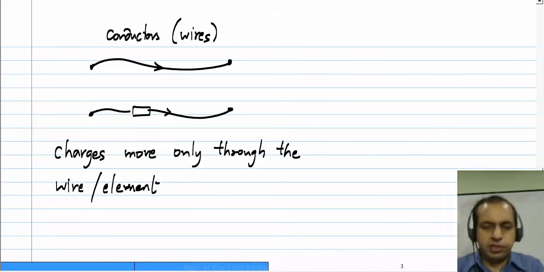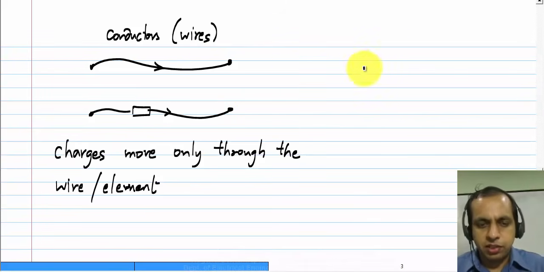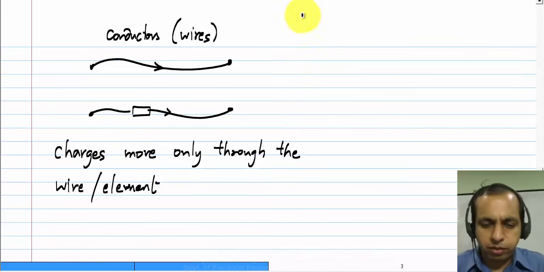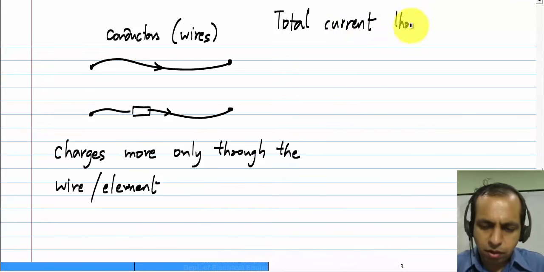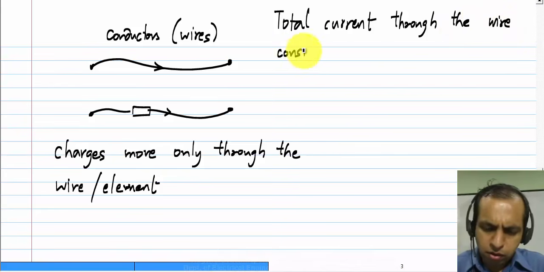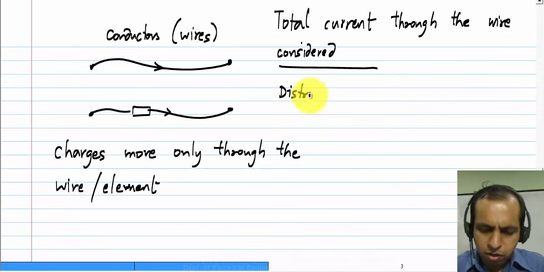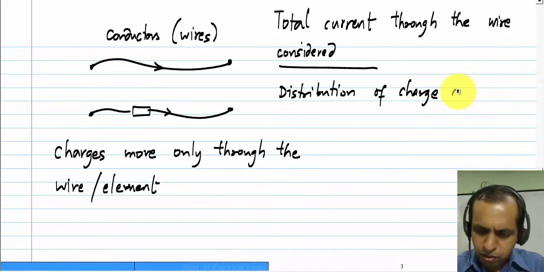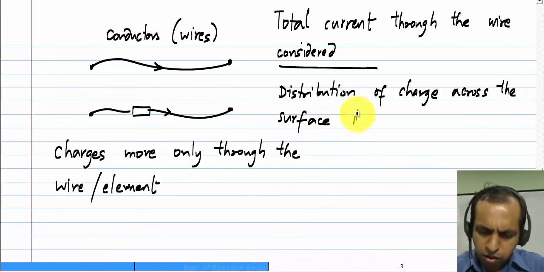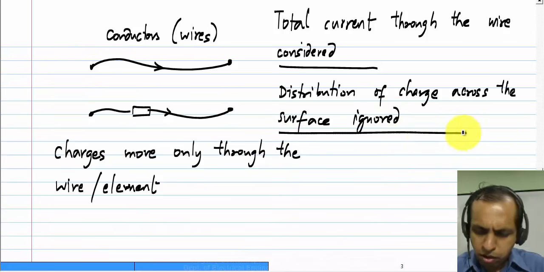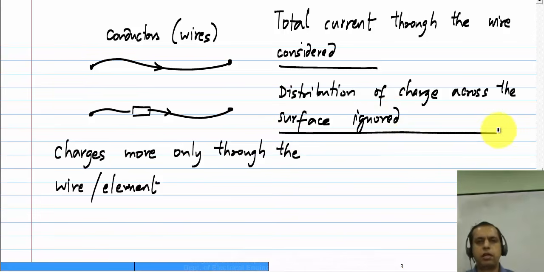Okay, so the first thing is that we will only worry about the total amount of charge that is flowing through the wire, or basically the total current flowing through the wire. Okay, so that is one simplification.